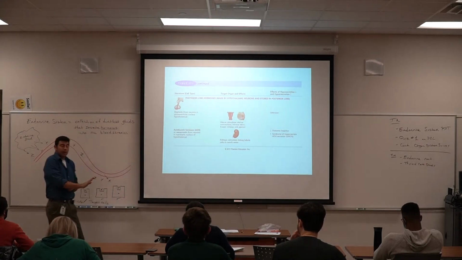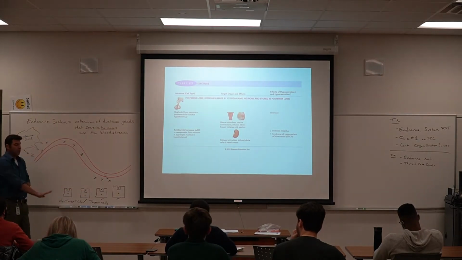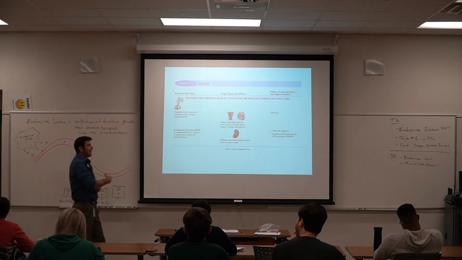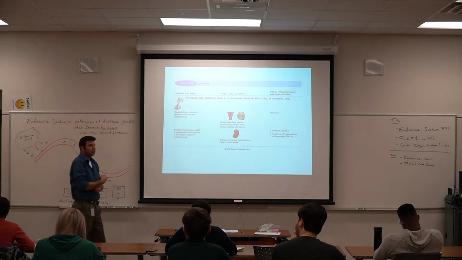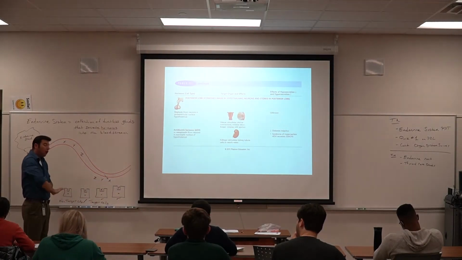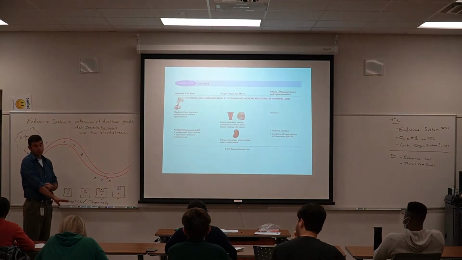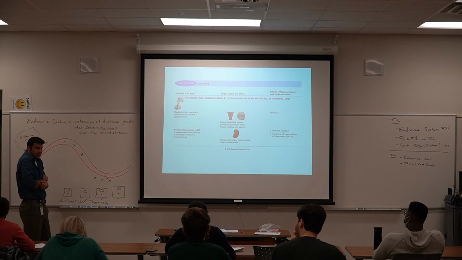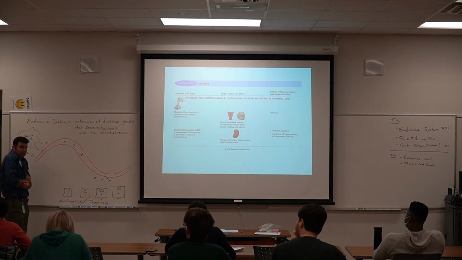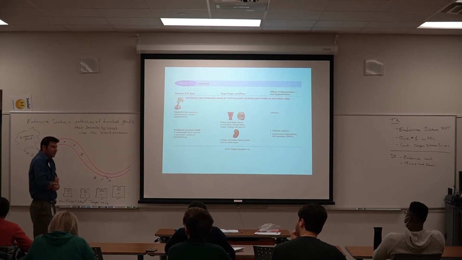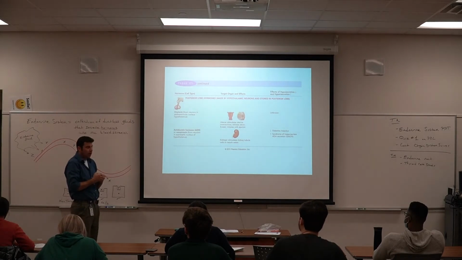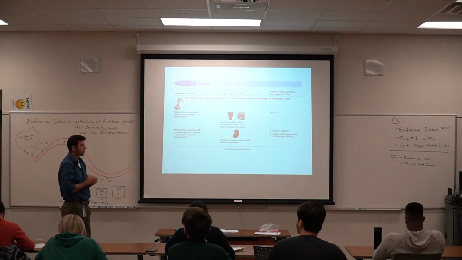It doesn't want any water being wasted in the urine. So if you are taking a bunch of antidiuretic hormone, it's going to make you have very small amounts of very concentrated urine. That water isn't going to leave your body. It's going to be held. The kidney tubules are going to reclaim that water and keep it in the bloodstream.